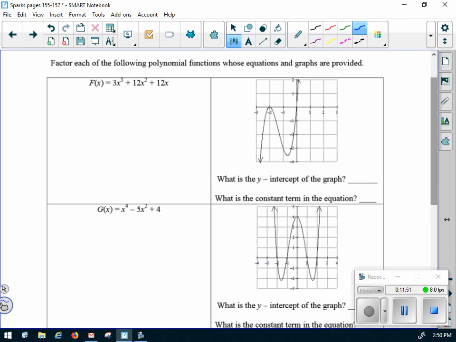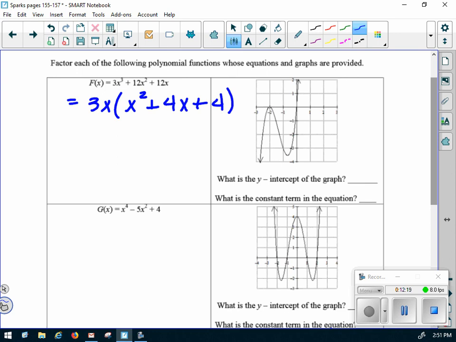Factor each of the following polynomials whose equations and graphs are provided. Okay. Look at that first one. How do we factor that? If we factor out a 3x, what are we left with? Yep. Self, am I finished?